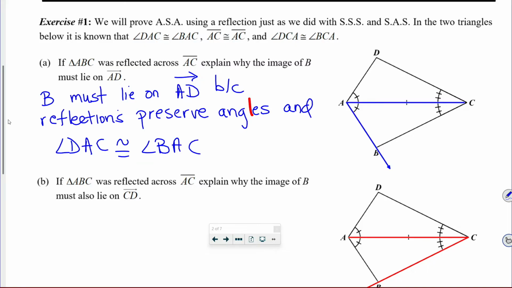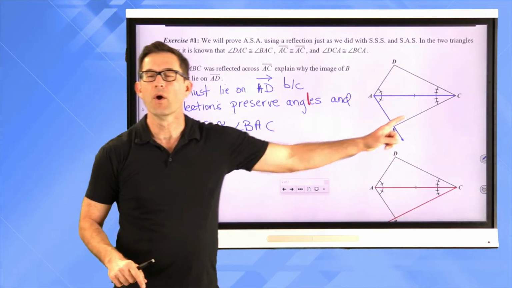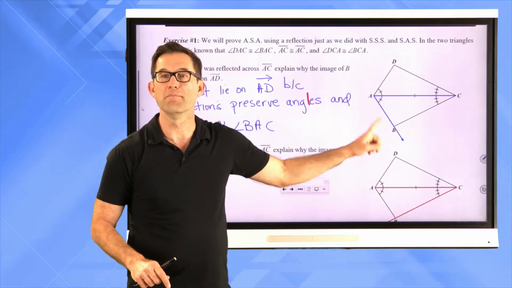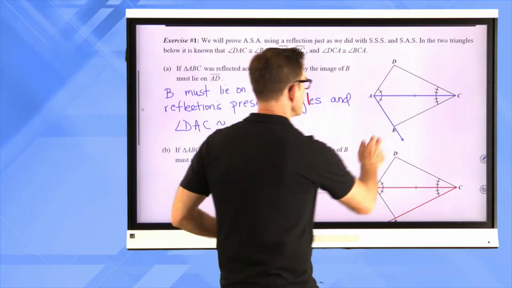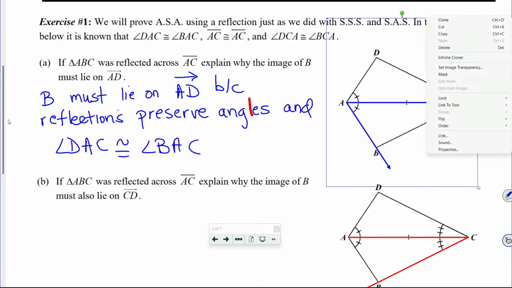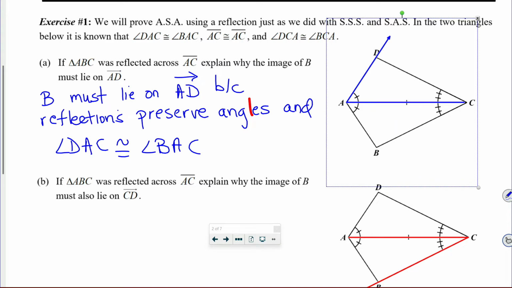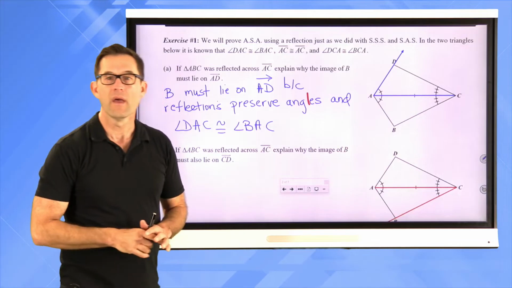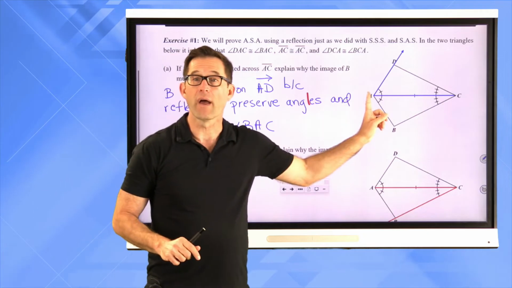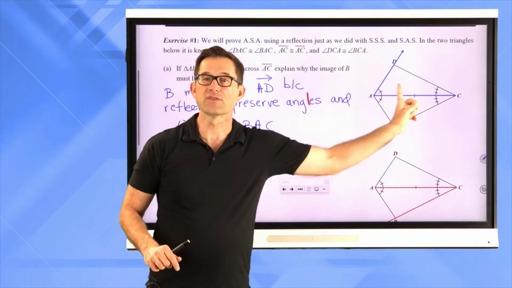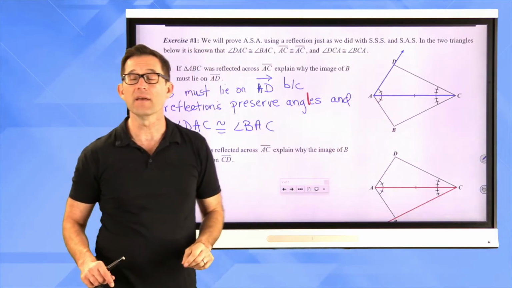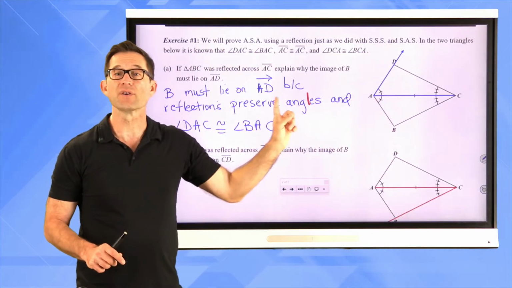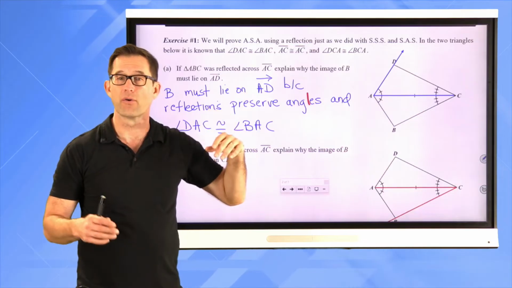Just to really highlight what I'm getting at here, I've taken angle BAC and I've tried to make it blue. Probably doesn't seem too obvious to you, but if I then reflect that across side AC, then what I see is that ray AB gets reflected up here so that it lies exactly on top of ray AD, because again, angles are preserved under a reflection, under a rigid body motion.